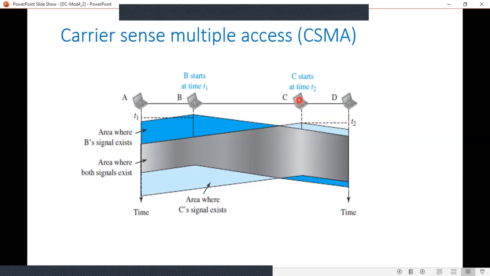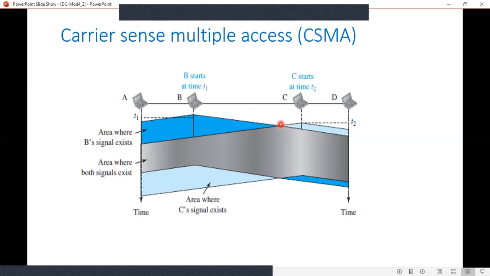Now when C checks whether the channel is idle or not, it will see that there is no carrier and the channel is free. C thinks that the channel is free, and at this point of time, that is at T2, it will start transmitting. Now see here at this point, both B and C will collide. Collision will take place.